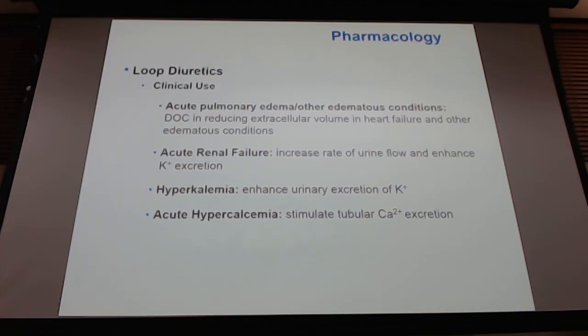For acute renal failure, it can increase the rate of flow to the urine and enhance potassium excretion. Can cause hyperkalemia, enhance urinary excretion of potassium. I think that should be hypokalemia, so if you could change that on your slides for me, please.